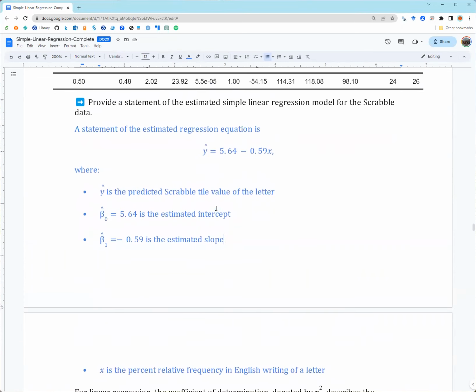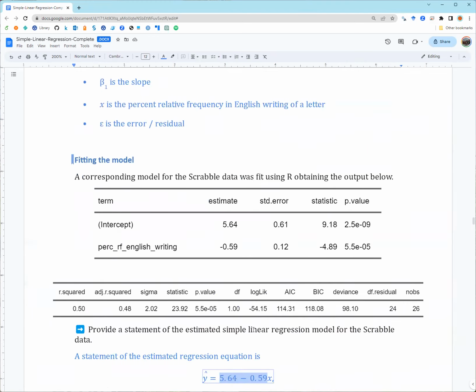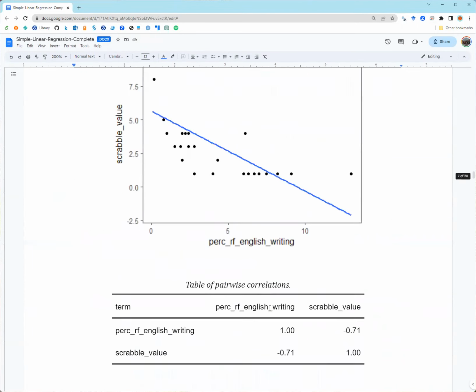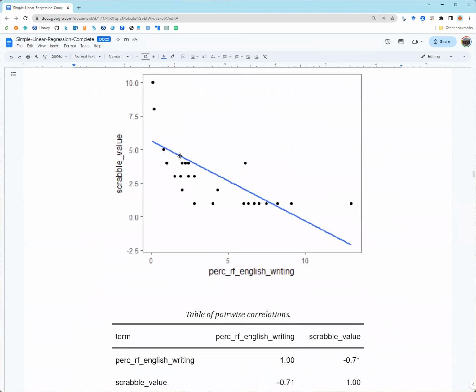All right. So this is a statement of our estimated regression equation. This is what forms the straight line relationship that we're estimating between y and x. If you can see here, looking back at the scatter plot, the slope of this line is minus 0.59.